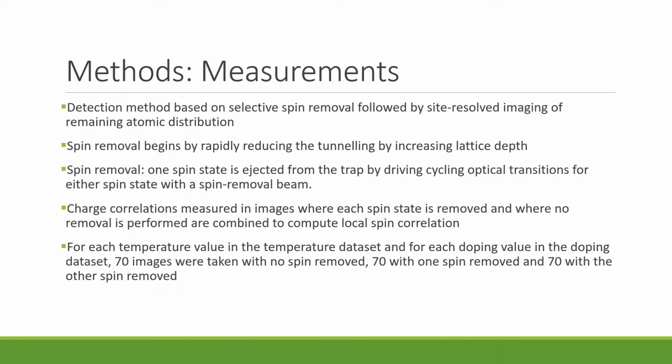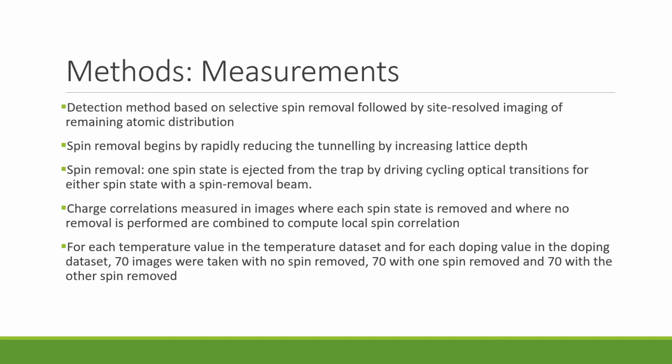The detection method by which they're getting their results is based on selective spin removal, followed by site-resolved imaging of the remaining atomic distribution, which is all done using the microscope. Spin removal begins by increasing the lattice depth, which rapidly reduces the tunneling of the atoms.